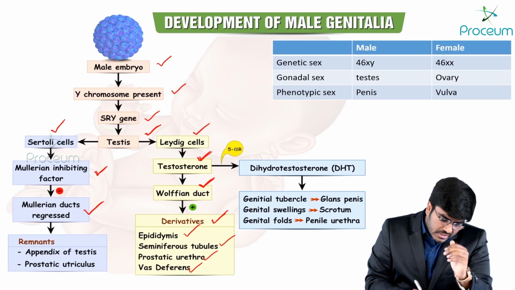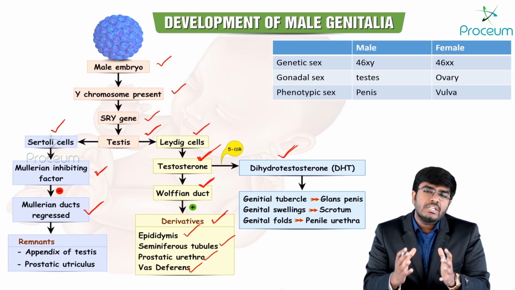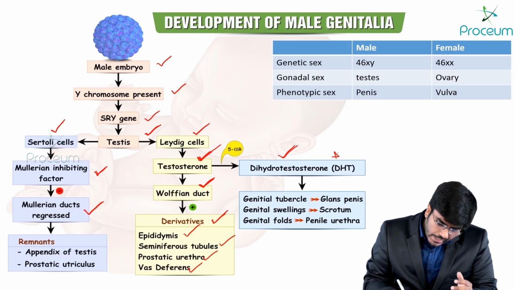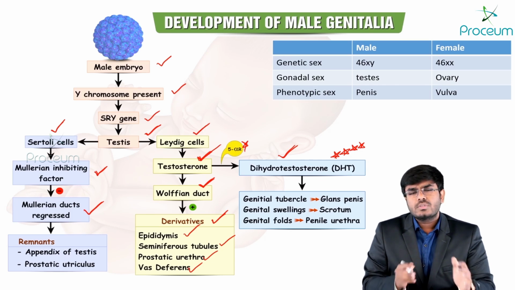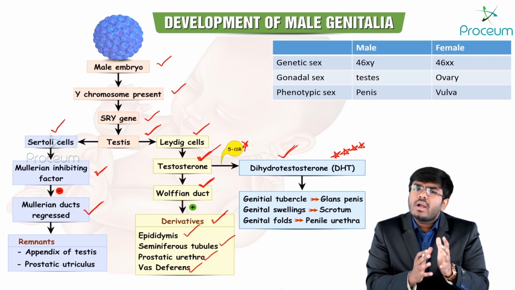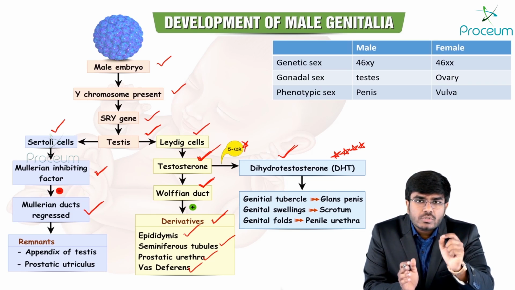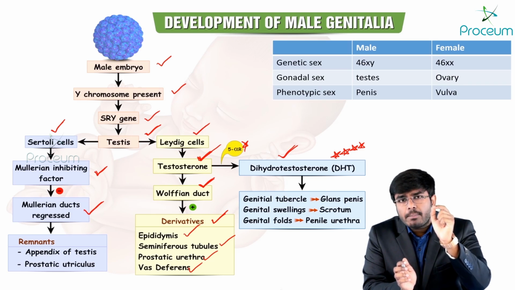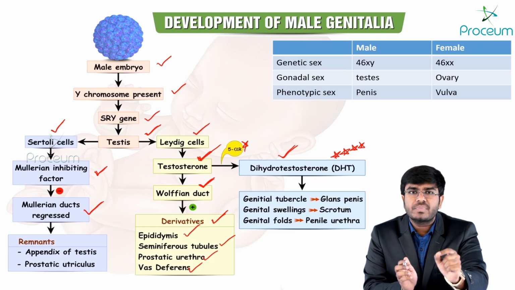Some amount of this testosterone is going to convert into a more potent form of androgen, that is dihydrotestosterone. Dihydrotestosterone is formed in a male fetus with the help of the enzyme 5-alpha reductase. So testosterone is getting converted into dihydrotestosterone. What is this dihydrotestosterone doing? It plays a very, very important role in the formation of male external genitalia.